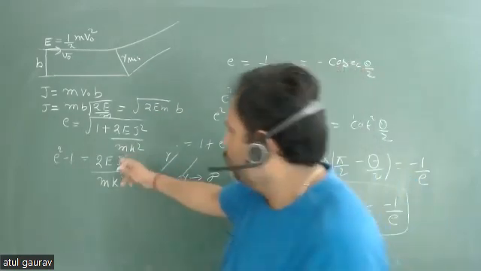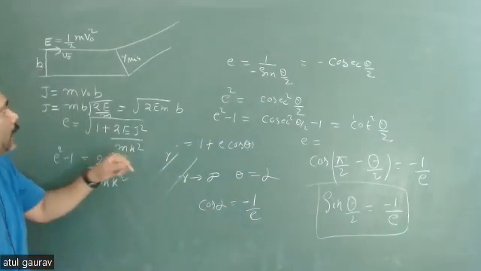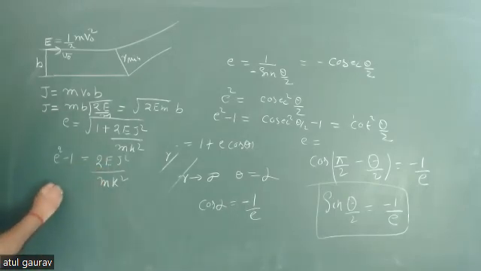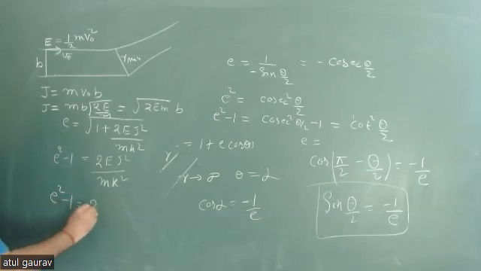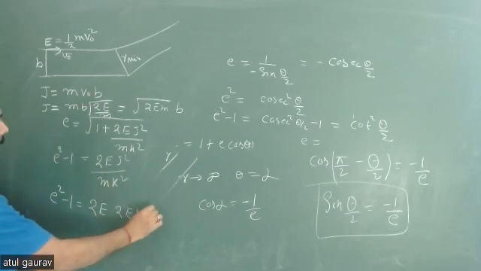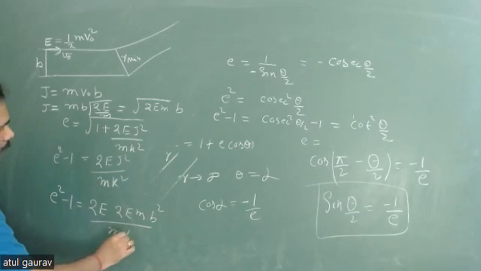So I can put the value of J here, and when we put the value of J here, you will see the B will automatically come into the picture, है ना? So this is your E square minus 1 is 2E, and what is your J square? Is 2E upon m into B square upon m, K square.